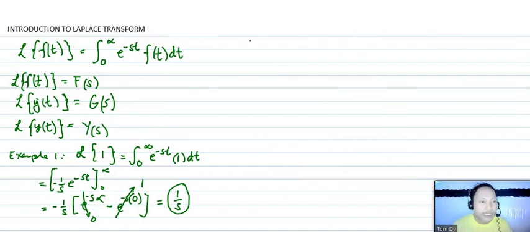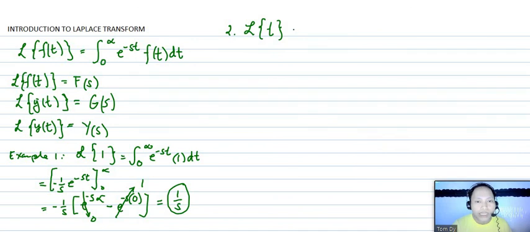Okay. And the next example, we have here example number 2, or we will write directly number 2 as our example. Let's say we want to find the Laplace transform of t.